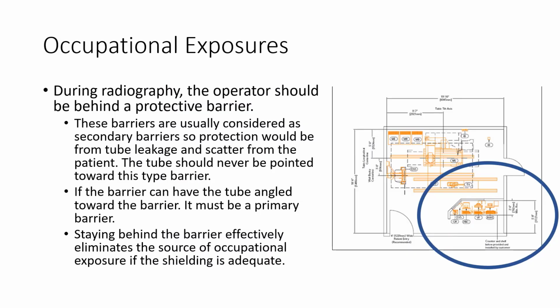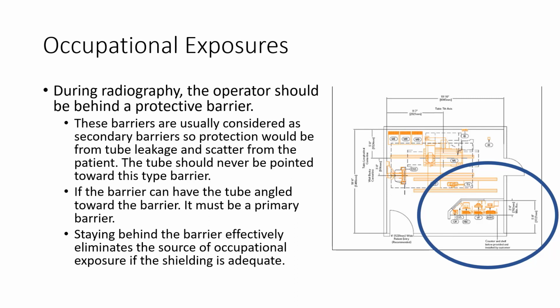As a radiographer, you are occupationally exposed to ionizing radiation. During the radiography, the operator should be behind a protective barrier. These barriers are usually considered as secondary barriers, so protection would be from the tube leakage and from scatter radiation emanating from the patient.